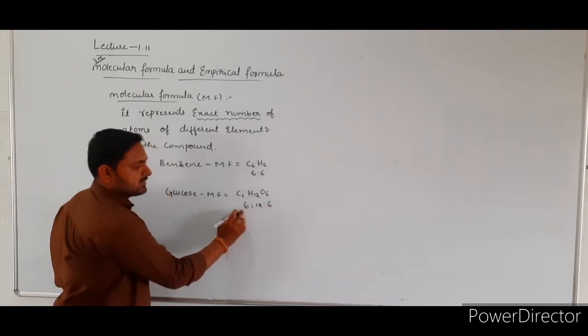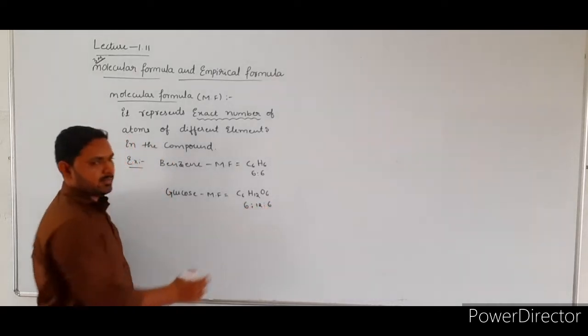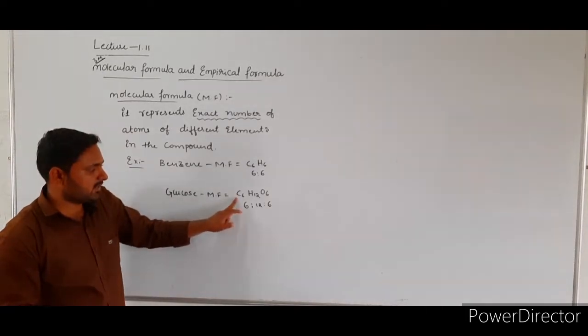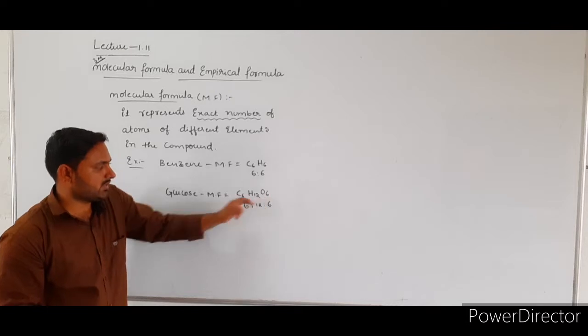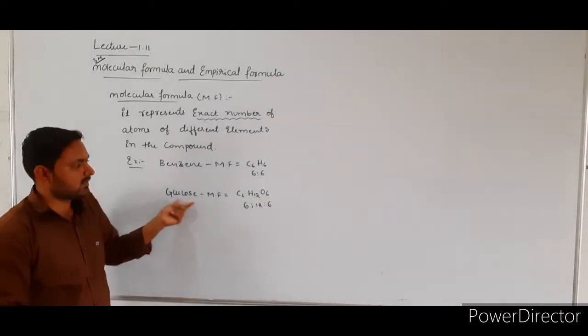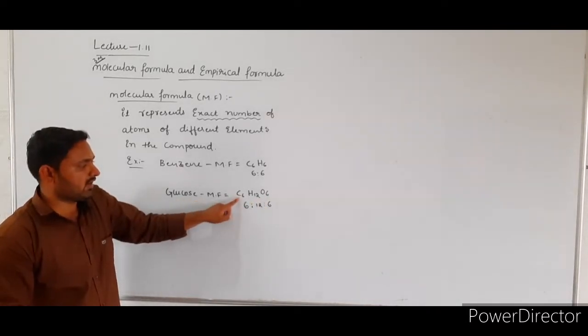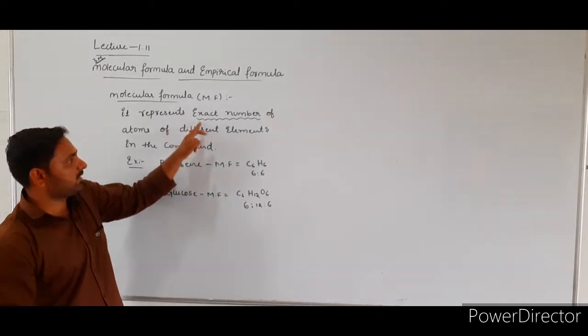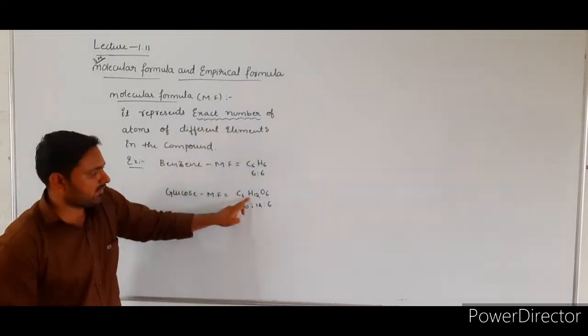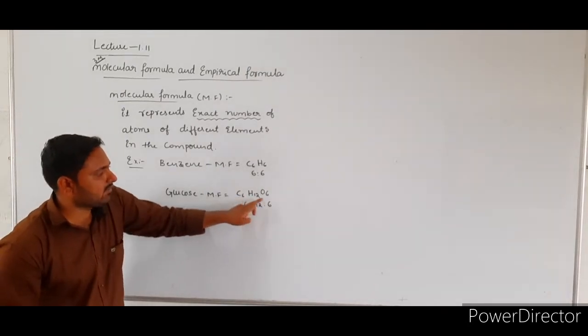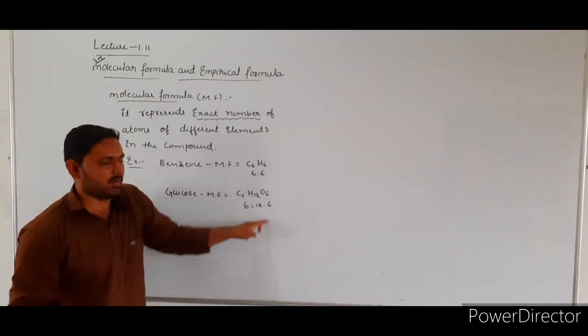The ratio is 6:12:6. That means there are 6 carbon atoms, 12 hydrogen atoms and 6 oxygen atoms in glucose. This is called molecular formula. It represents the exact number of atoms of different elements in the compound.